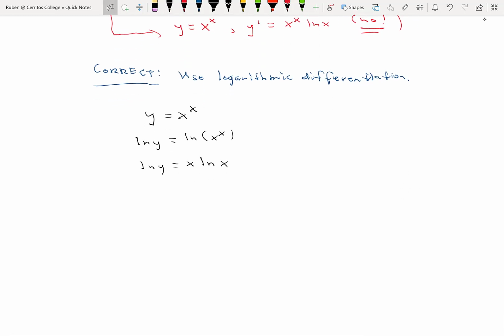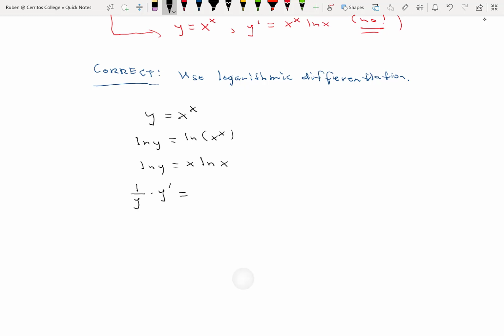Since we're not looking at y explicitly, we're going to use implicit differentiation here. So I'm going to take the derivative of both sides using implicit differentiation. So we get 1 over y times y prime. And on the right-hand side, we have the product of two functions, so I'm going to use the product rule.